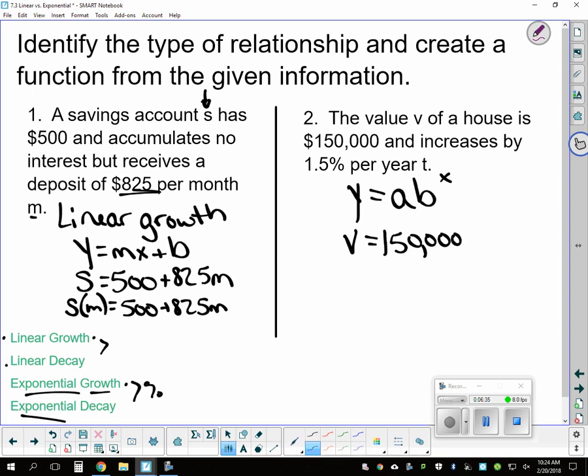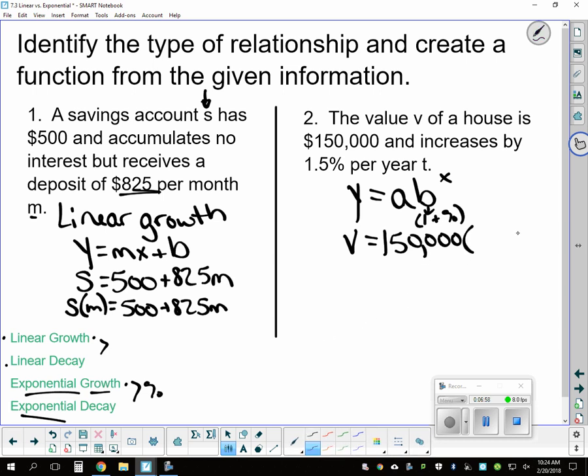times B, well, in this case, because we're talking exponential growth and we've been given a percent and not a growth factor, so it doesn't say it's multiplying by 5 every month or something. That would just be the growth factor. That would just be your B. But in this case, it's a percent, so remember that B is 1 plus your percent, and that percent has to be moved into a decimal.